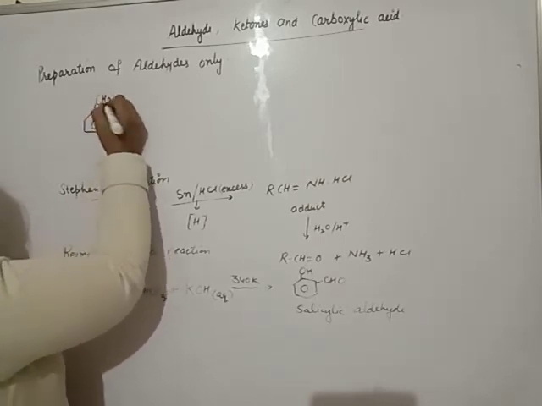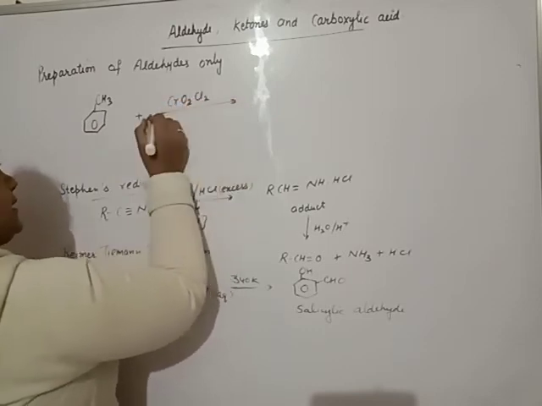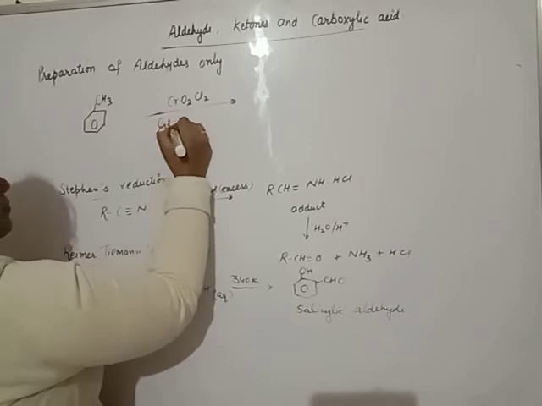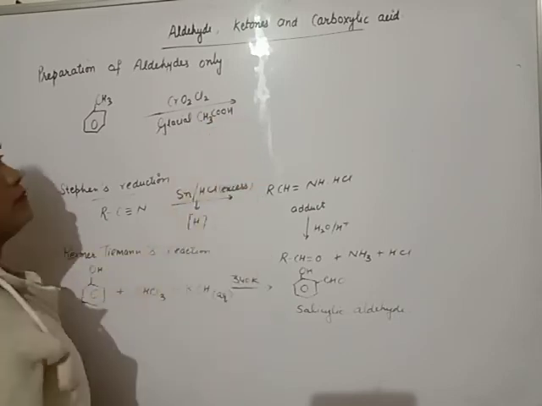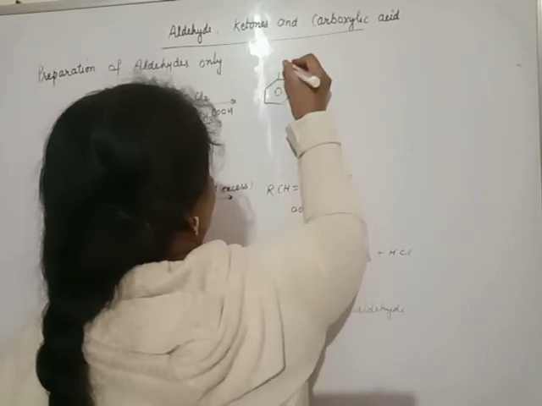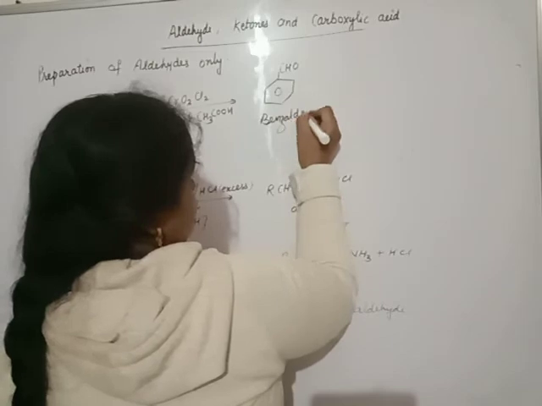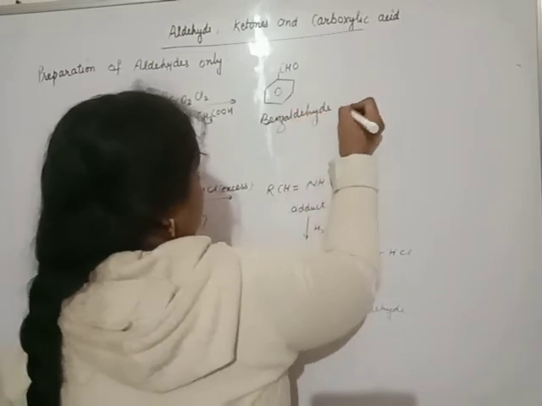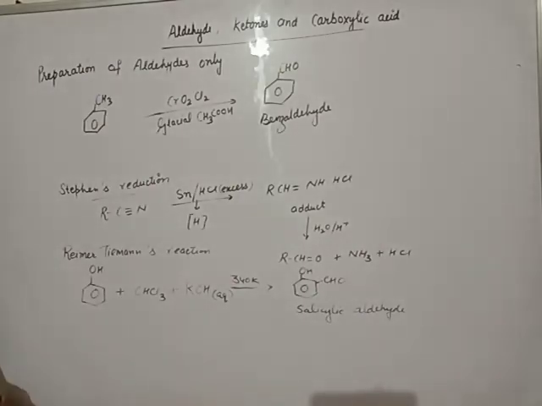Beta, toluene is treated with chromyl chloride in glacial acetic acid. Pure acetic acid. Clear? We will get aldehyde only. Benzaldehyde. Clear? Beta, these are the reactions from which we can prepare only and only aldehyde.